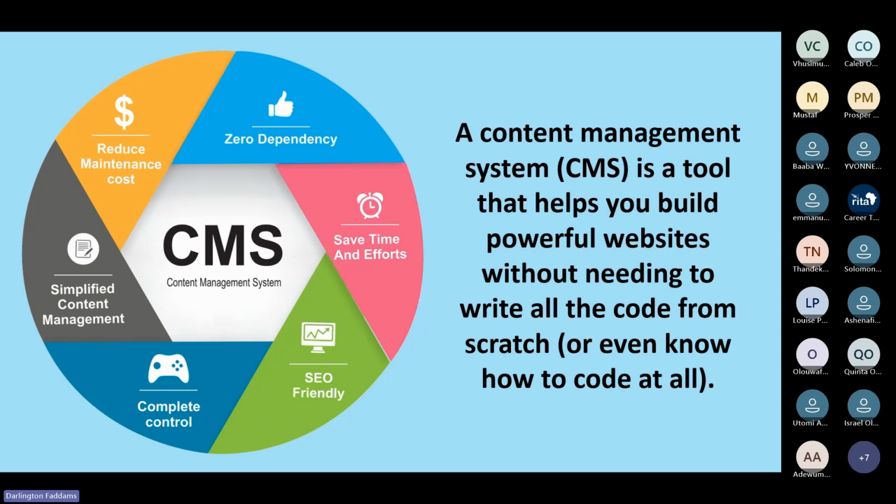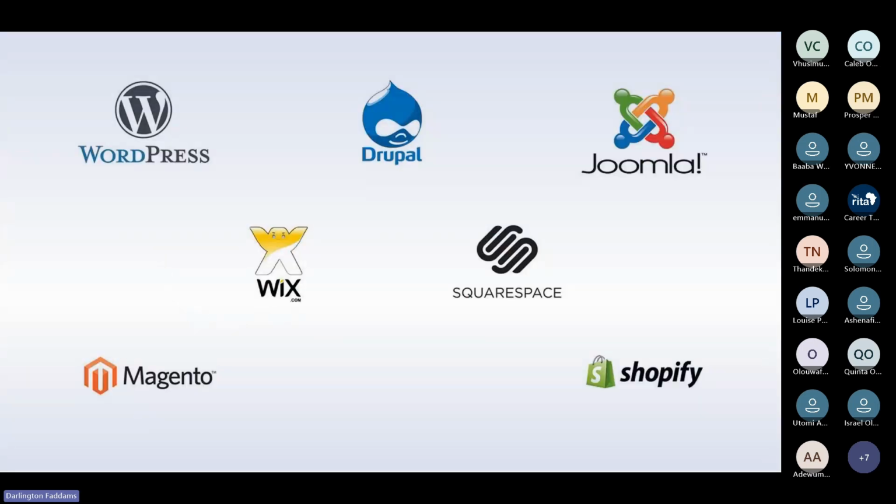Today, with the emergence of AI, there are even AI tools that you can use within CMS and describe what you want, and the website can be created for you. Examples of powerful content management systems include WordPress. We have Drupal, we have Joomla, we have Wix, we have Shopify, Squarespace.